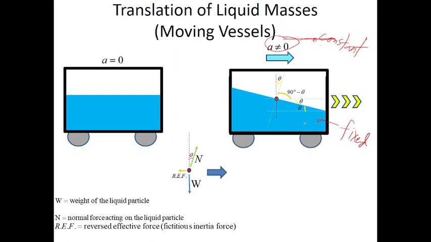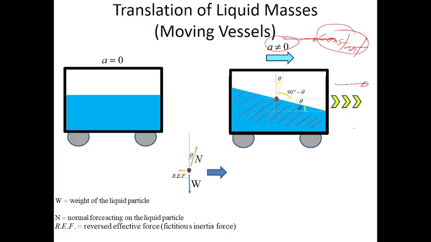So meaning there's no movement of the liquid. It is static. There's no movement of the liquid if the acceleration remains constant. Therefore, we can say that the liquid is in equilibrium because there's no motion involved. Although it's moving, the liquid inside remains the same. It does not move anymore because the acceleration is constant.